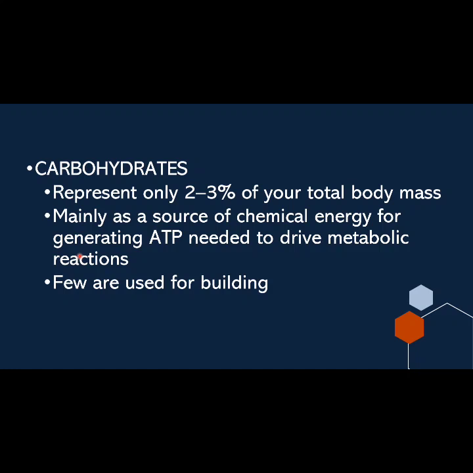This is the main source of chemical energy for generating ATP needed to drive metabolic reactions. Accordingly, few carbohydrates are used as building blocks. For example, ribose is present in ribonucleic acid, and deoxyribose is present in deoxyribonucleic acid.